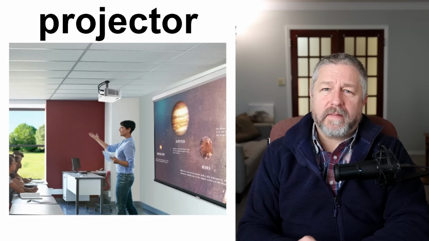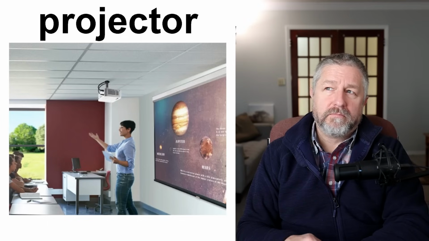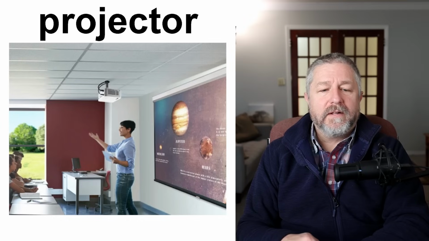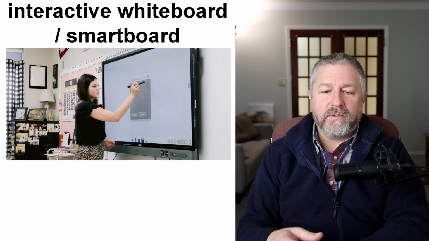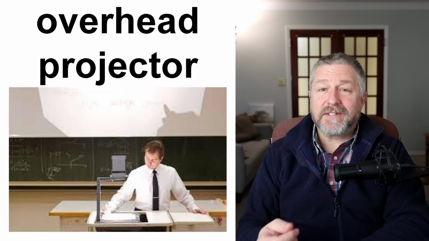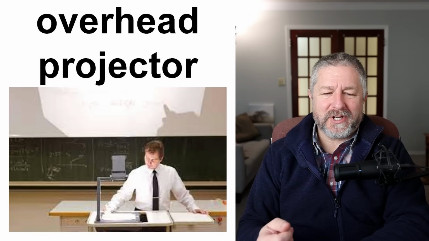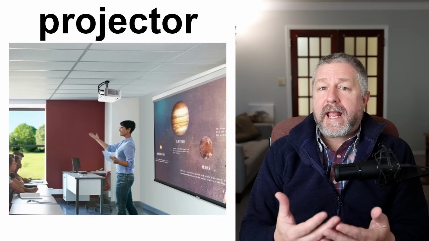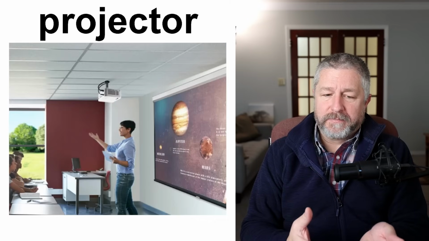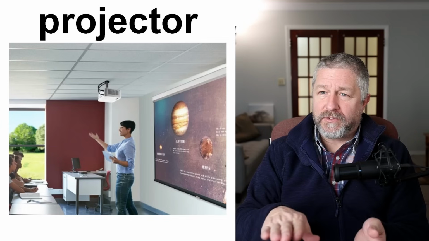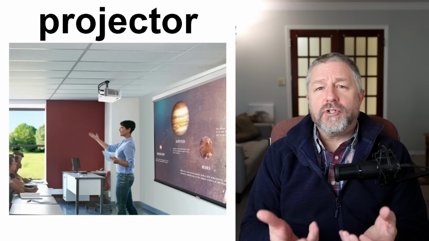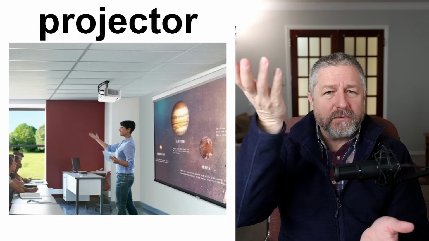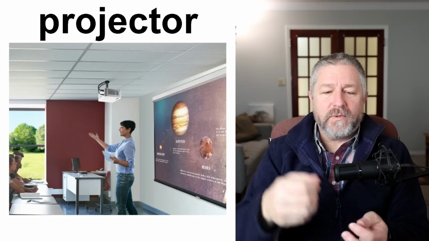So this is something that started appearing in classrooms probably about 20 years ago. This is a projector. Before this type of projector, we used an overhead projector. But a projector is a device usually that hangs from the ceiling in a classroom. You can have them on tables or desks, but because teachers use them every day, we usually mount them permanently to the ceiling.